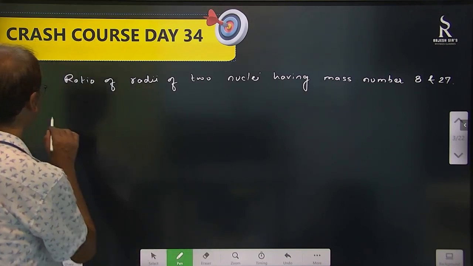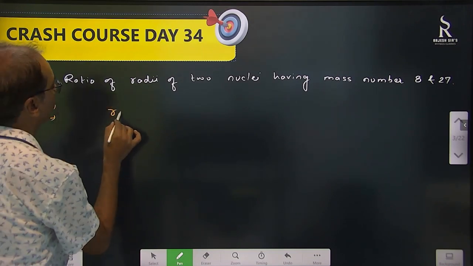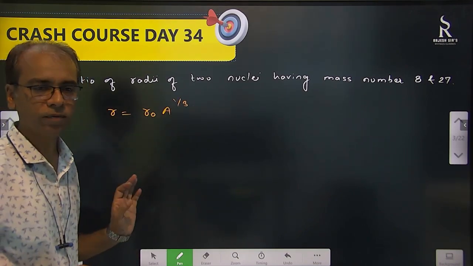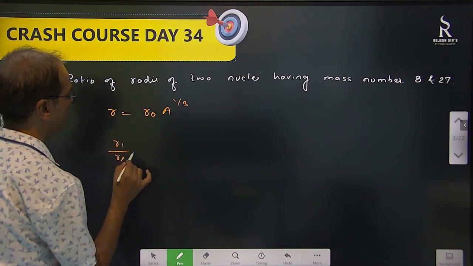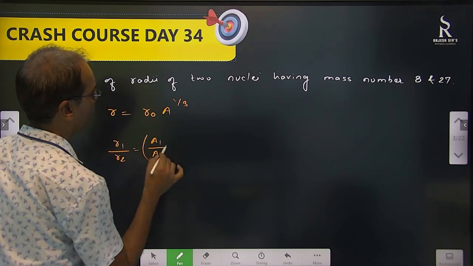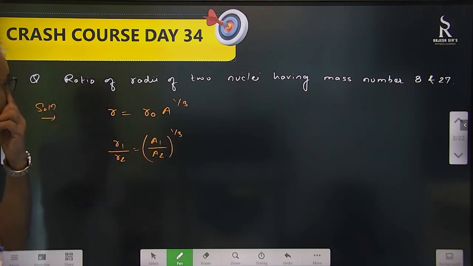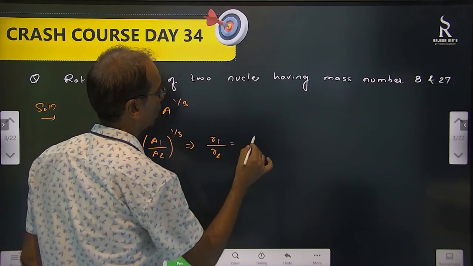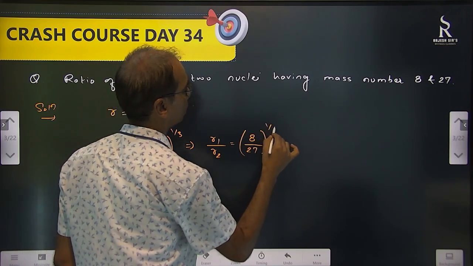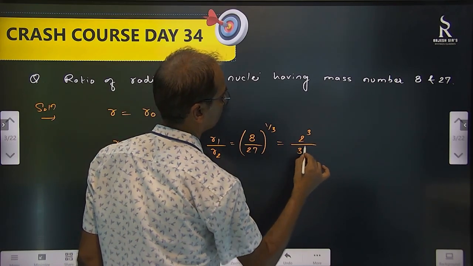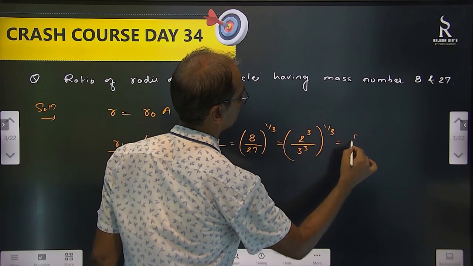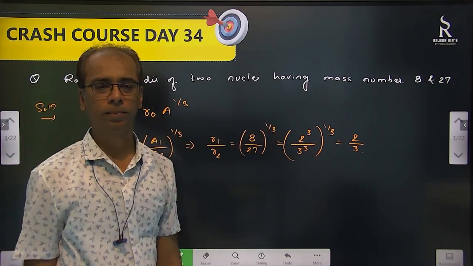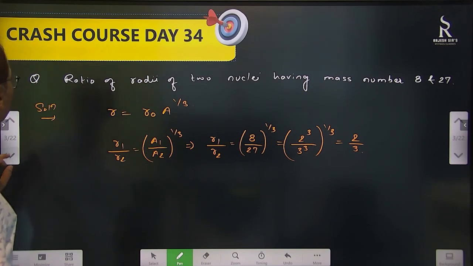We already know the radius is R = R0 A^(1/3). R0 is constant, the same for all. So R1/R2 = (A1/A2)^(1/3), and mass number is A only. So R1/R2 = (8/27)^(1/3). Now 8 is 2 cubed and 27 is 3 cubed, so the power 1/3 gives 2/3. So the ratio of radii of the two elements having mass numbers 8 and 27 is 2/3.